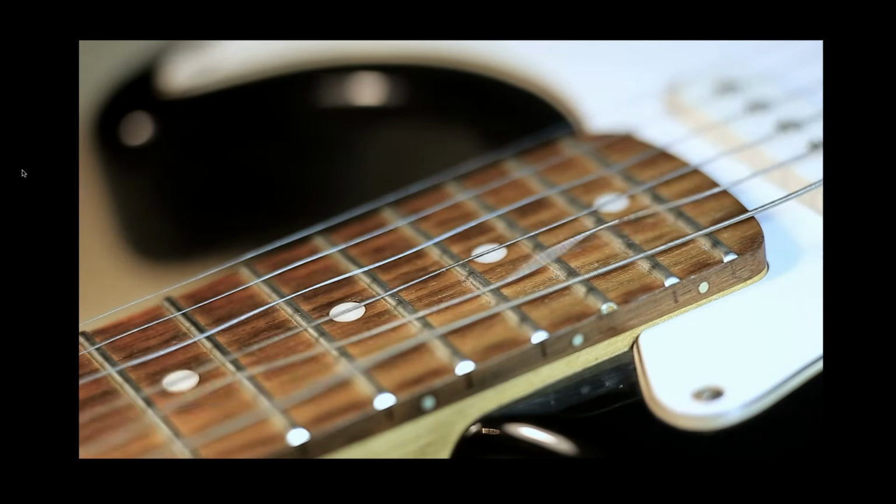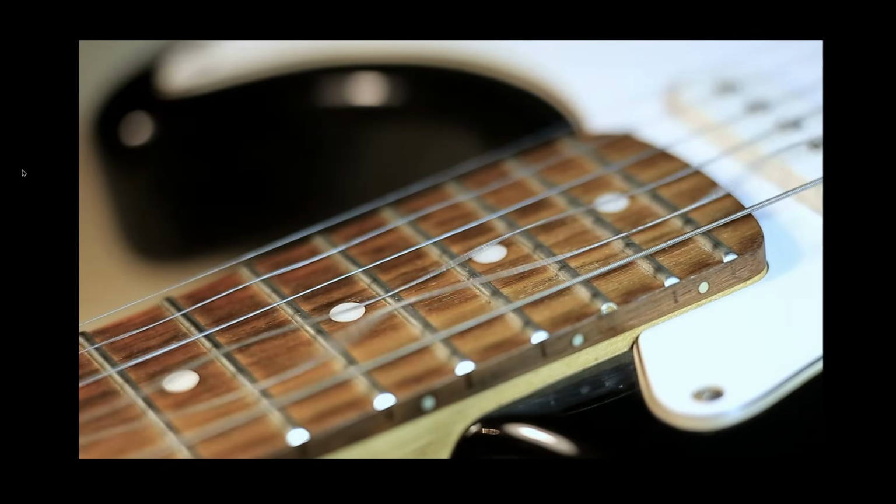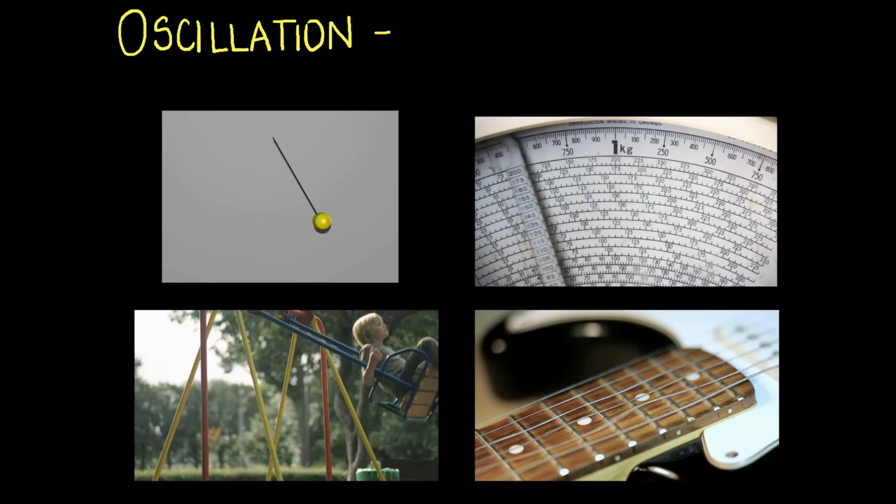Now that we've looked at a few examples, let's analyze all these examples together. In all of the previous videos, you would have noticed that there's some kind of repetitive motion going on, right? This pendulum moves back and forth, and there's something similar with the swing also.